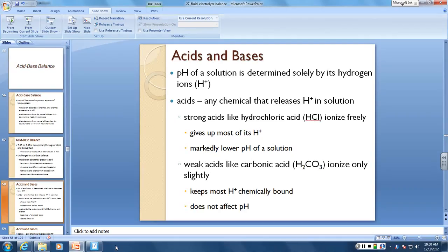Okay. Now, the way the body responds to acids and bases is discussed here. So first I want you all to understand what acids are. So what is an acid? And then I'll let you all go.